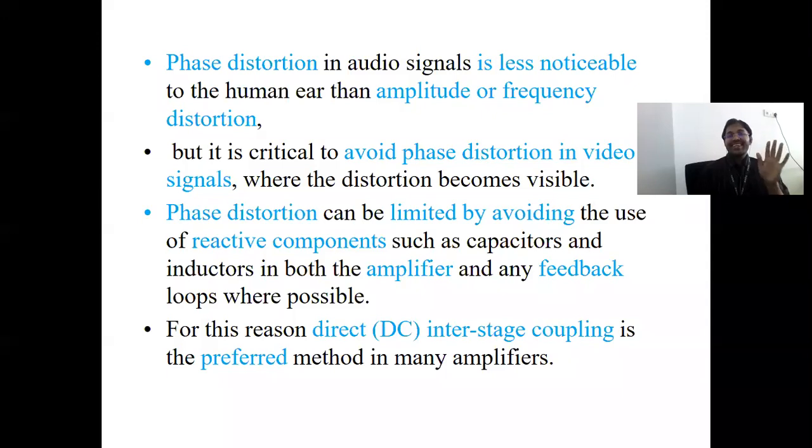Then the picture may collapse, or it may get jumbled up, and that is a problem. So no problem for your audio signal, whereas for your video signal it is a critical problem. So how to avoid phase distortion?